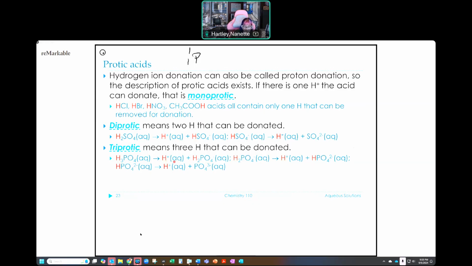So H plus and H2PO4 minus, H2PO4 minus goes to H plus and HPO4 2 minus, and then HPO4 2 minus goes to H plus and PO4 3 minus. Okay, so multiple steps. One proton, monoprotic, two protons, diprotic, three protons, triprotic. Any number of protons is protic.